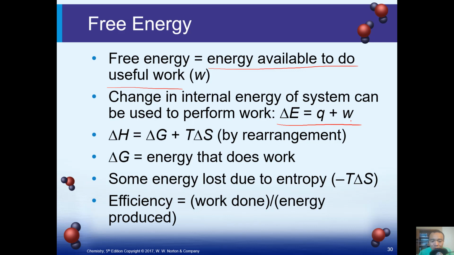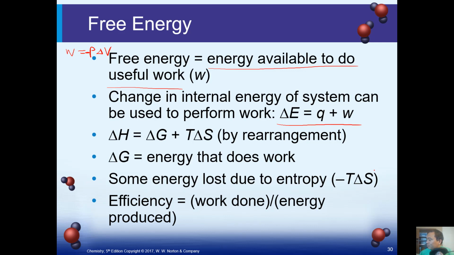The amount of work that can be done is W equals negative P times delta V. Of the heat released by the reaction, or the delta H, some can be used to do work, which is defined as delta G, and some is redistributed in the molecular motion of the products in the form of entropy, delta S.